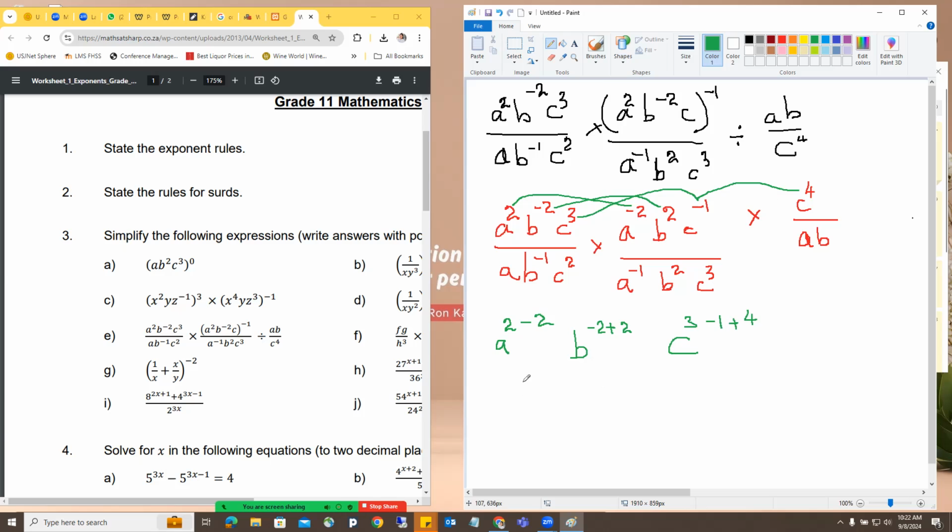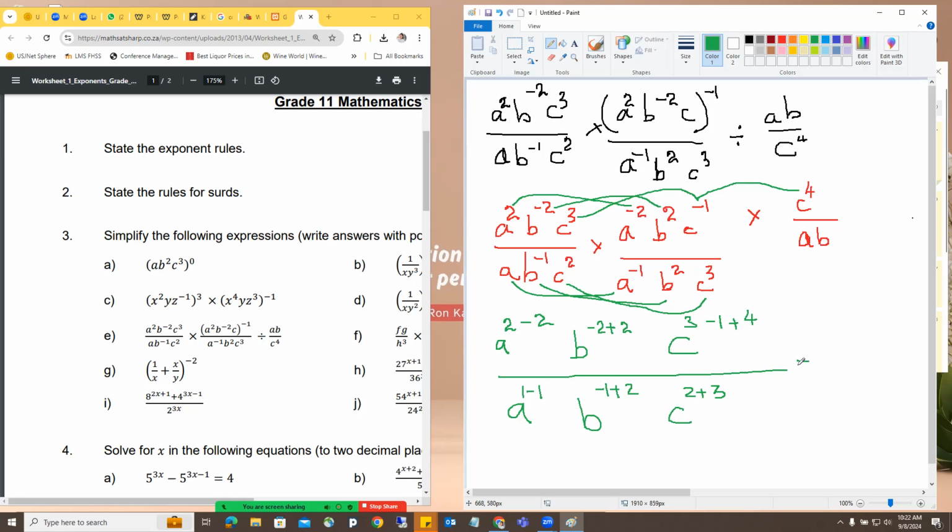Is it clear? This one is divided by, and as the denominator we have 1 minus 1; I just added these two powers. Then we have b to the power of minus 1 plus 2, and here we have c to the power of 2 plus 3.